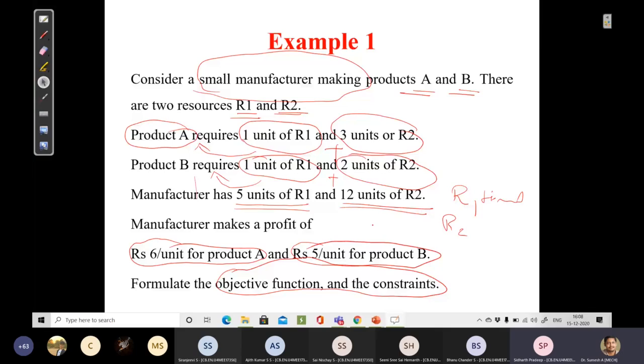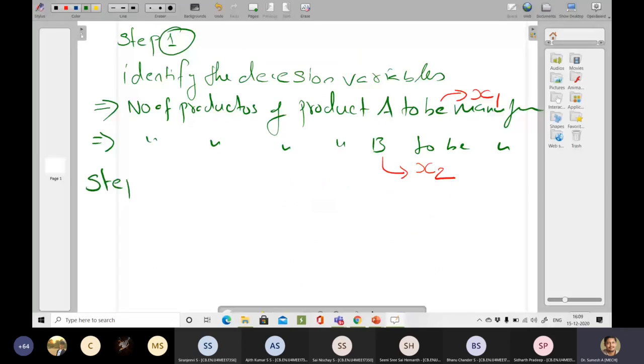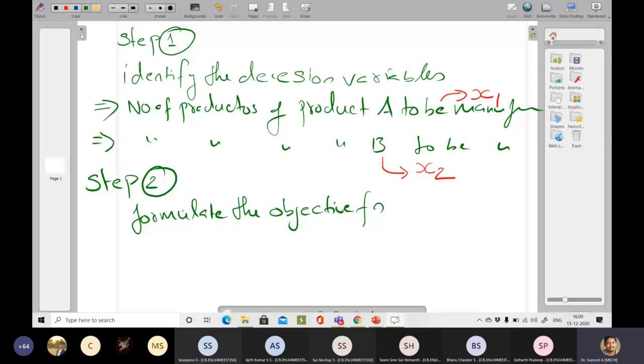So the objective function of our problem is to maximize the profit.